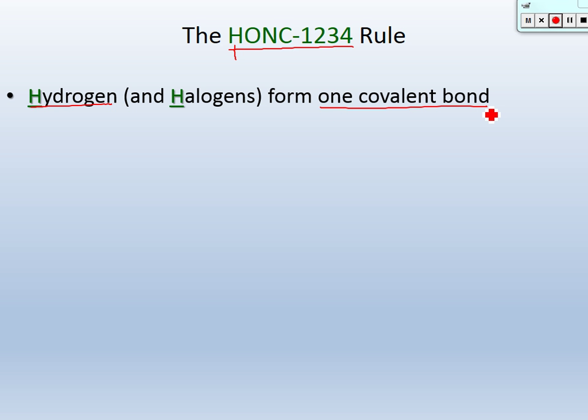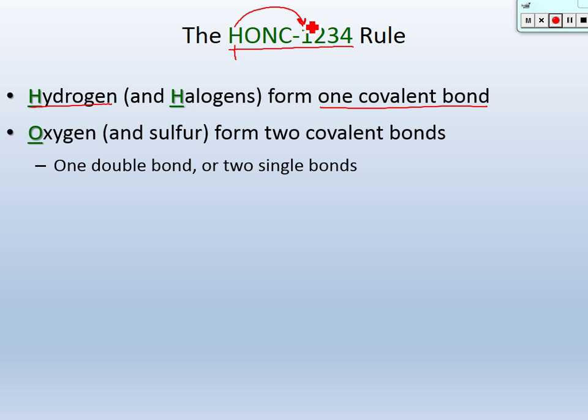So when you say HONK 1, 2, 3, 4, the H, hydrogen, likes to form one covalent bond with other elements. Oxygen. Now when we see oxygen with Lewis structures, oxygen likes to form how many bonds? 2 covalent bonds.